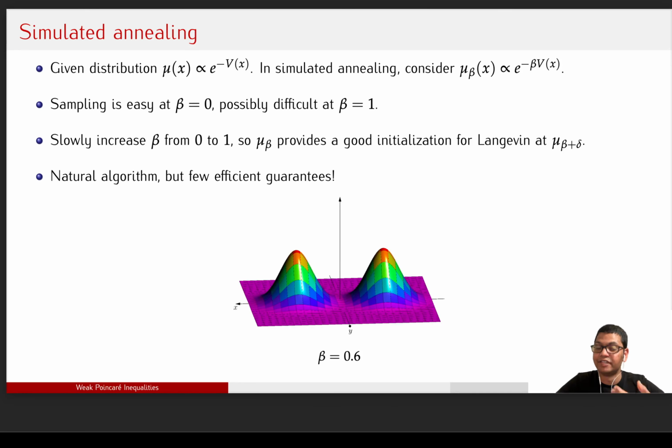So this is a fairly natural algorithm, but despite its very widespread use, there are actually very few efficient guarantees. And today we will talk about some guarantees that we could show for the spherical p-spin model for the simulated annealing algorithm.